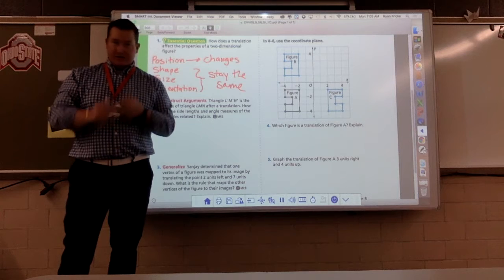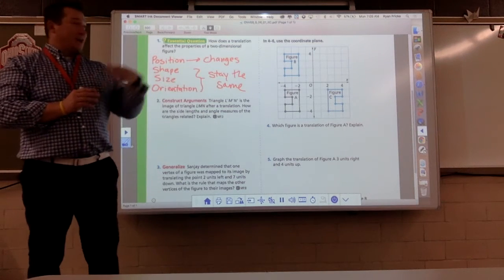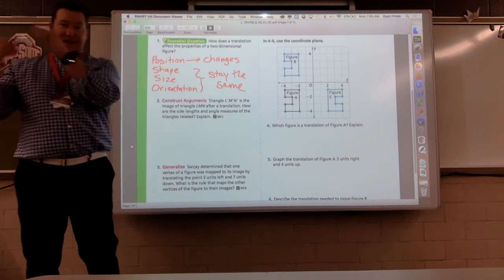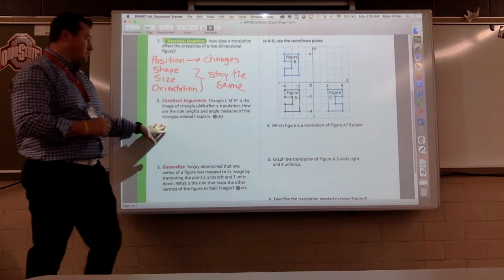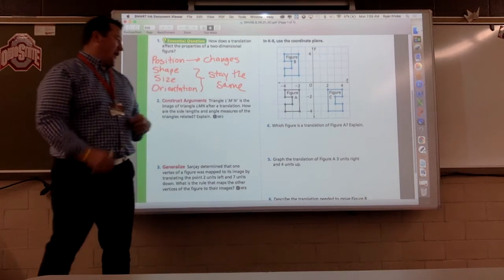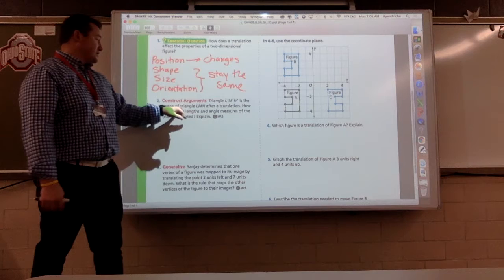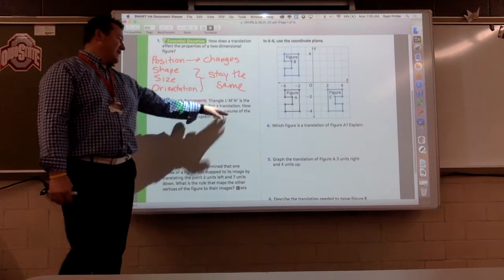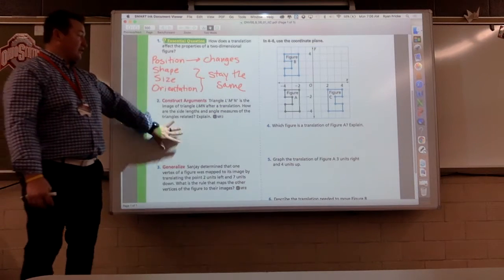Our angle measures don't change either. If the side length of this triangle was 4 inches, when we translate it, that same side length is still 4 inches. This one says triangle L prime, M prime, N prime is the image, we would know that because it's got the prime marks, of triangle L M N after a translation. How are the side lengths and angle measures of the triangles related? I literally just gave it away a second ago, guys.